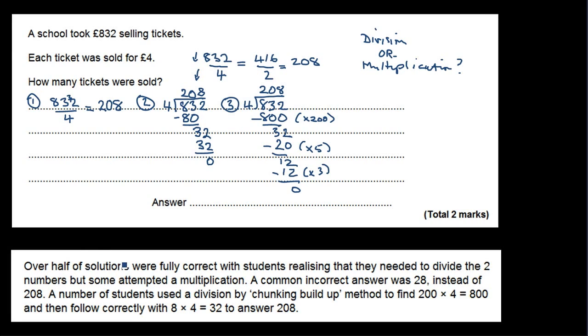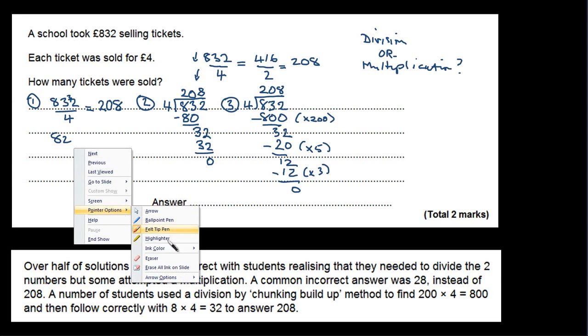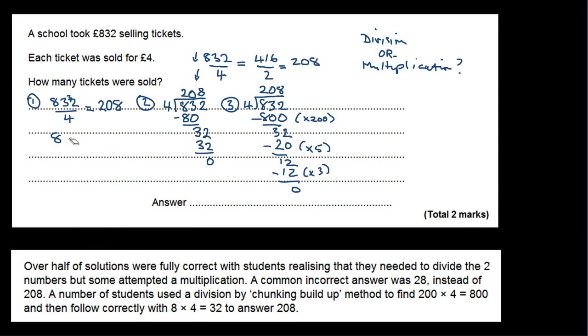A common incorrect answer was 28 instead of 208. How did that happen? Well, we seem to have a misconception here to do with the method that I used to start with here. So we've got 832. Whoops, a little slip there. Let's just write that again. Okay, 832 divided by 4.